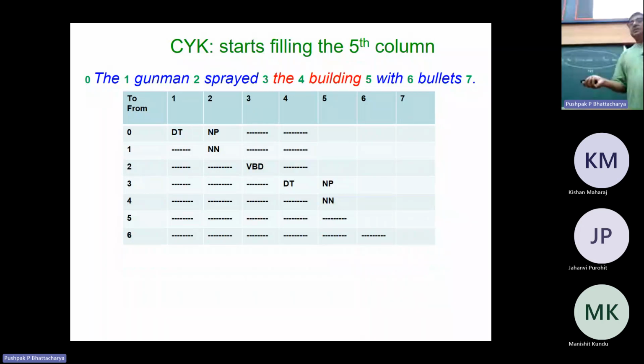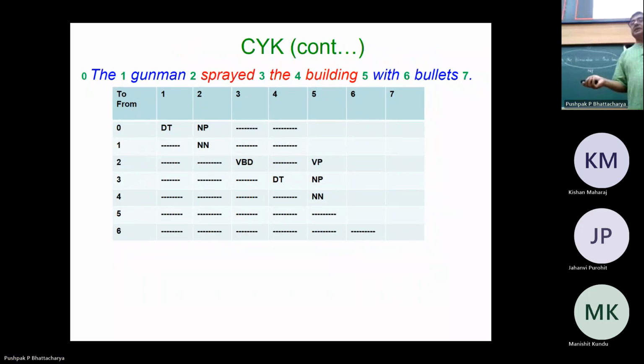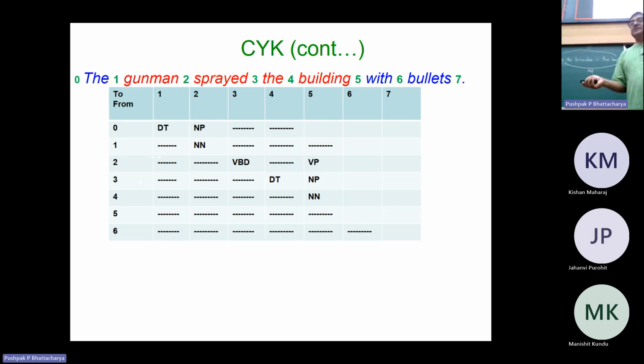What about 2 and 5? Between 2 and 5, sprayed the building. Yes, I can combine them and get a verb phrase VP. Now, do I get any construct between 1 and 5? Gunmen sprayed the building.